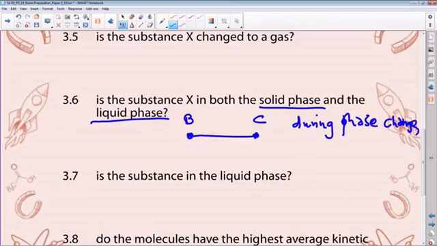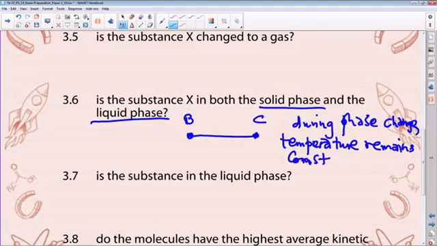It is important to know that temperature remains constant. Because as we continue heating, the average kinetic energy of particles increases, but during phase change, temperature remains constant. This is a very key concept in this experiment. Okay, is the substance in liquid phase? We know it's only in liquid phase before it changes into a gas.